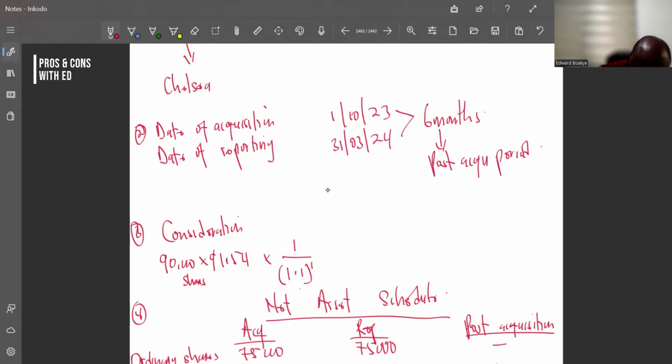We can also say the discounting factor is 1.1 raised to the power negative N. And surely it's going to give you the same figure.